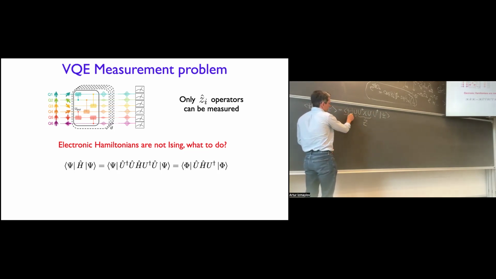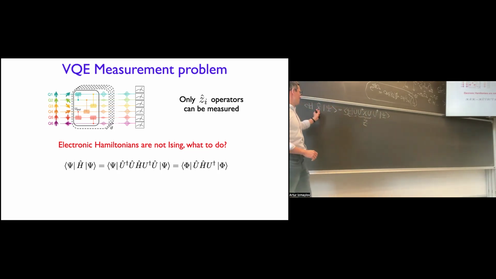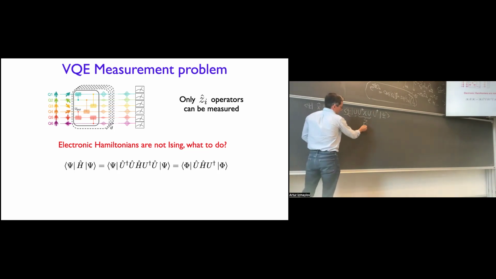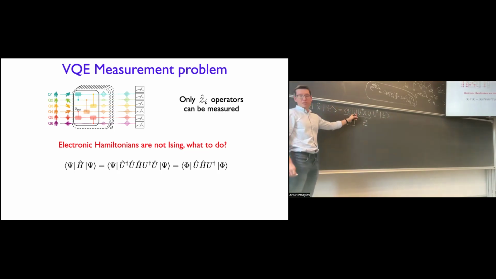What this means is that if we need to measure the x operator on the psi function, instead we measure z, but on the phi function that is obtained from psi by applying an extra unitary transformation. In a very simple circuit notation, this would be preparing the psi state and then adding an extra unitary transformation that prepares the phi state. And here, I guess, it's U dagger.